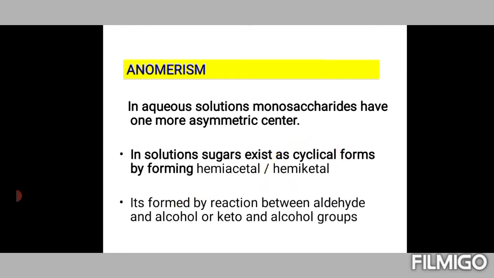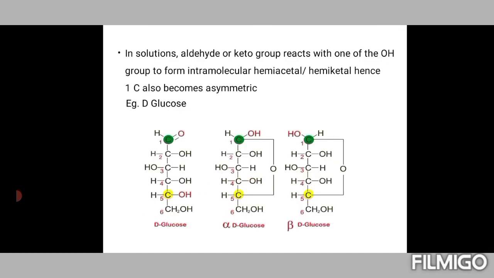Hemiacetal or hemiketal linkage is formed in aldoses between an aldehyde and an alcohol group, and in ketoses through keto and alcohol groups. We can explain this using the structure of glucose.